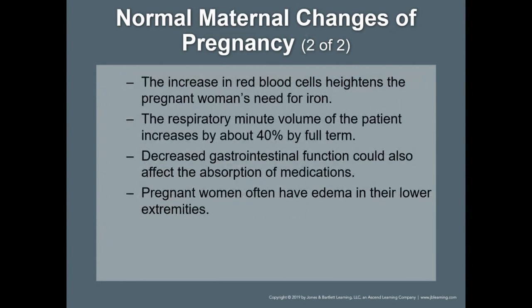Now, because you have more blood cells, you need more iron. Iron is what makes your blood cells red. So you need more iron for the more blood that you have. You're going to need more oxygen for the more volume of blood that you have. So pregnant women breathe faster, their heart beats faster, and we're not even getting into the psychological aspect with the hormonal ups and downs.